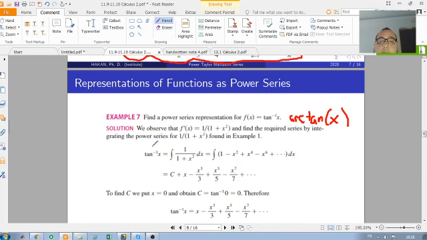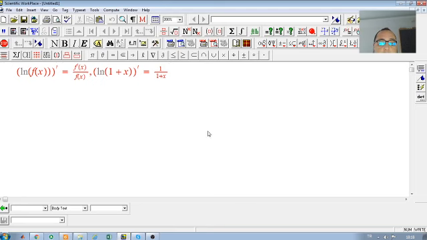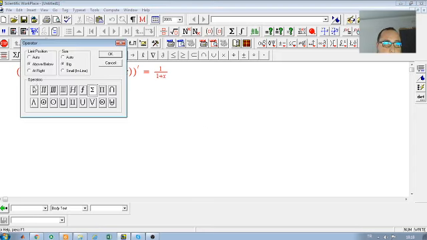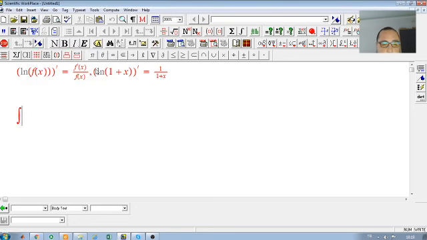So we observe that the derivative of arctangent x is equal to 1 over 1 plus x squared, because if you remember from calculus 1, the integral of 1 over 1 plus x squared dx is equal to arctangent x plus some constant.